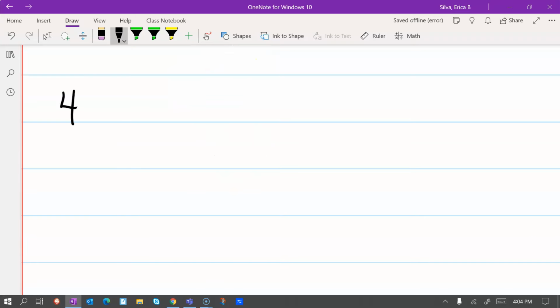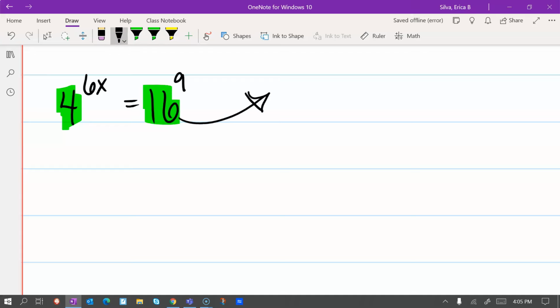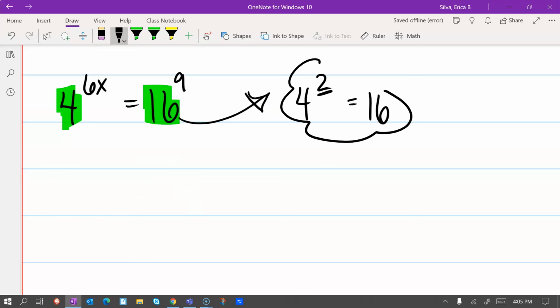and x is 2. Next, 4 to the 6th x power is equal to 16 to the 9th power. We look at our bases. 4 to the what power will give us 16? We know it's 4 to the second power. So let's rewrite it. 4 to the second power is replacing that 16.